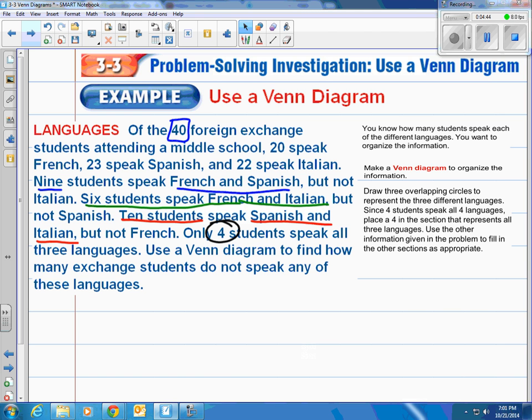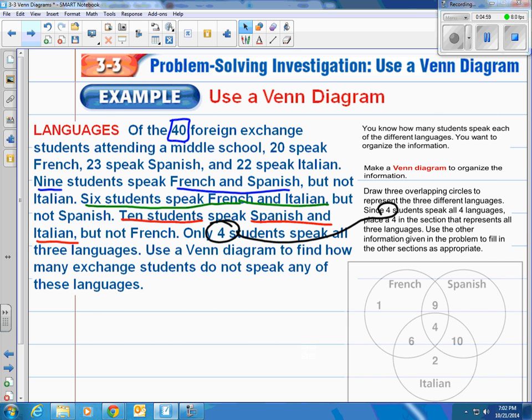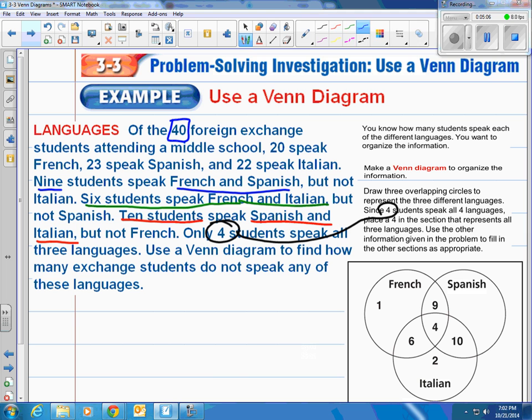And since 4, this is that 4 right here, 4 students speak all 3 languages, place a 4 in the section that represents all 3 languages. Use the other information given in the problem to fill the other sections as appropriate. Now here's what it looks like. And to find this out, we can put the 4 right there in the middle. That's the easy one, right? This is the easy part. That's for all of them.